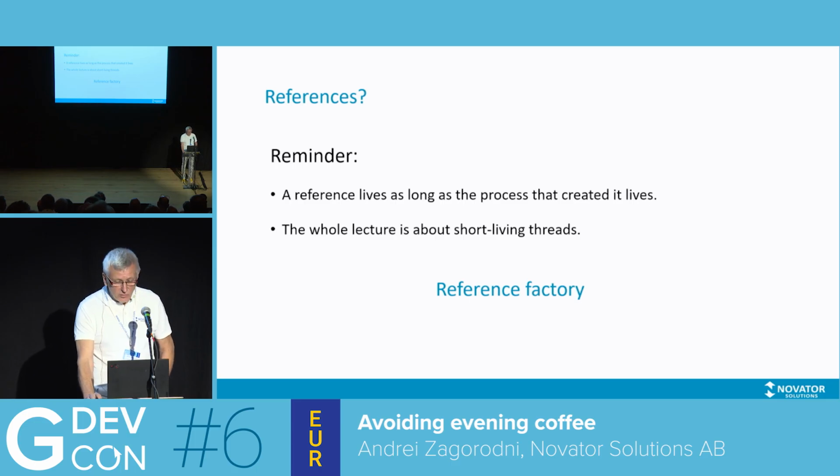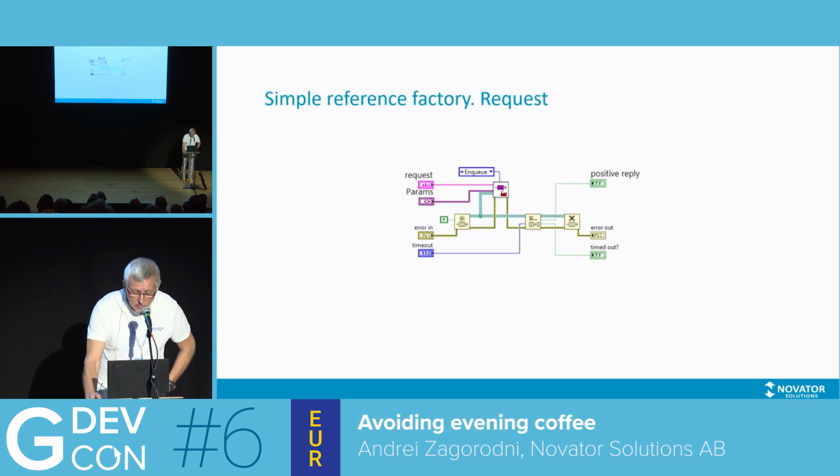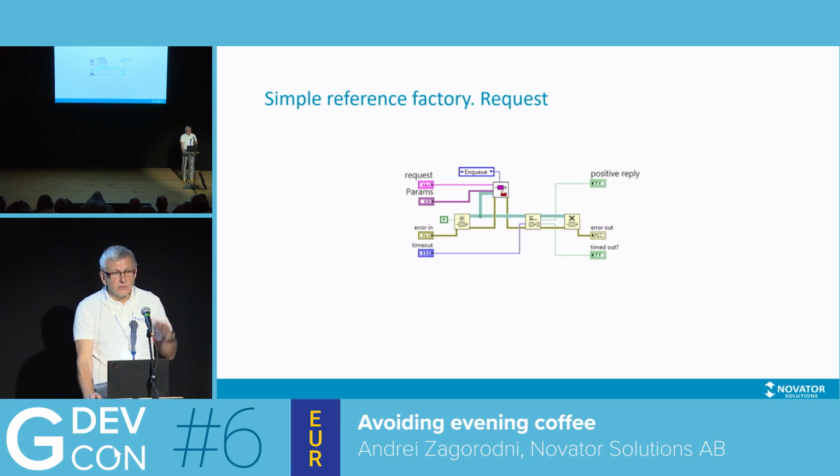So if a unit needs to create references, its green box will have something like this. It is a requester, the same for all of them. So we send a request with a request sub VI. This is some queue which is controlling the reference factory.